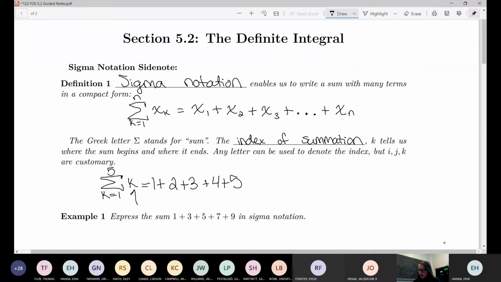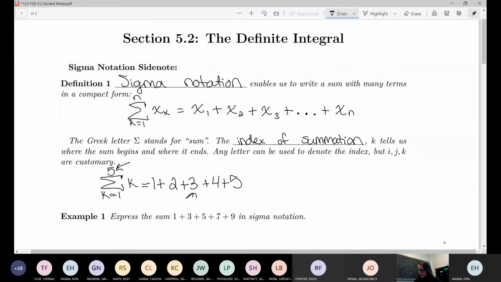So this is telling me to add things together that look like some k. It's not 2 times k, it's not k squared, it's just that value. And this tells me to start with 1 and go up the natural numbers, positive integers, until you hit 5. So this would be telling me to add 1 and then 2 and then 3 and then 4 and then 5 together.